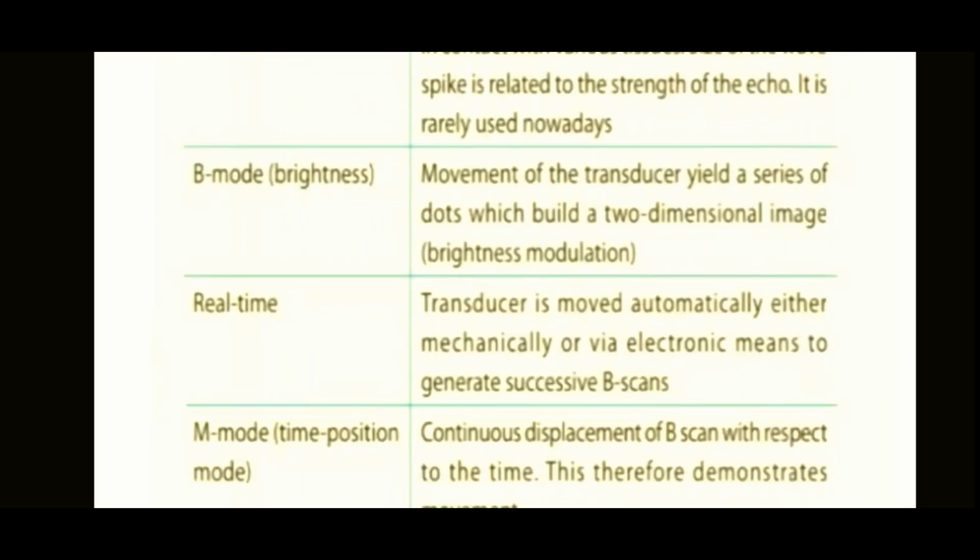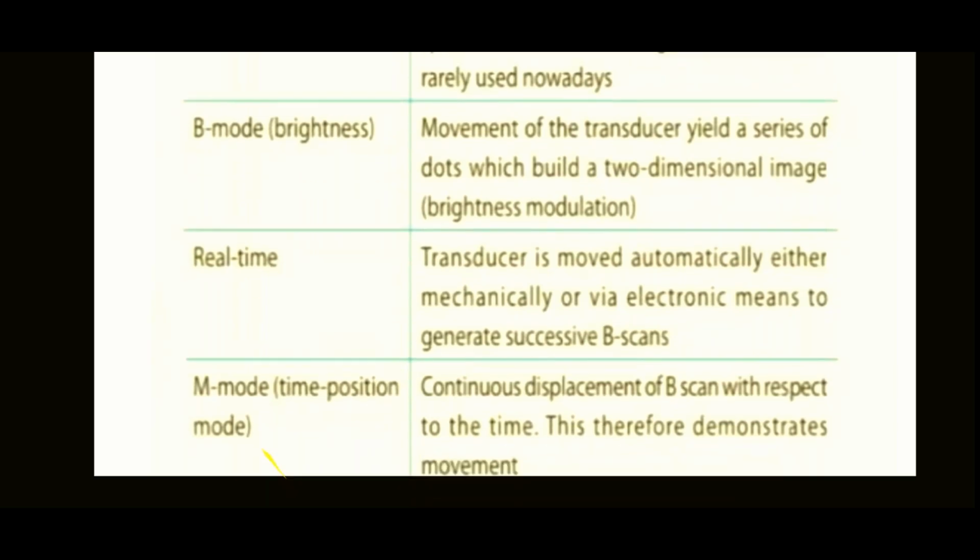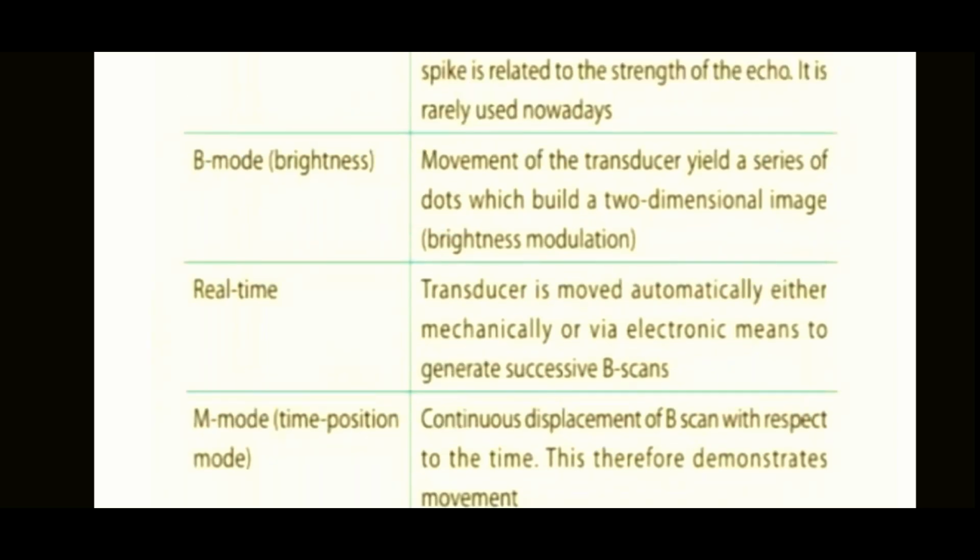The transducer is moved automatically, either mechanically or via electronic means, to generate successive B scans, right? And M mode is continuous displacement of B scan with respect to time. This demonstrates the movement, that is M mode, the time position mode. Okay.